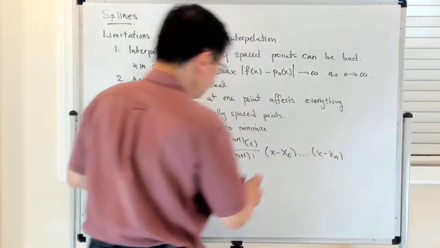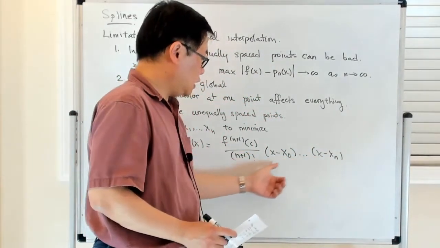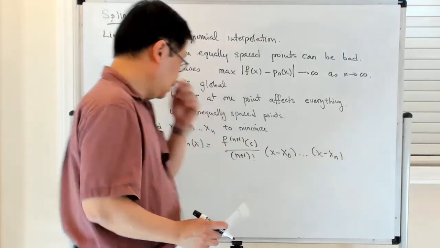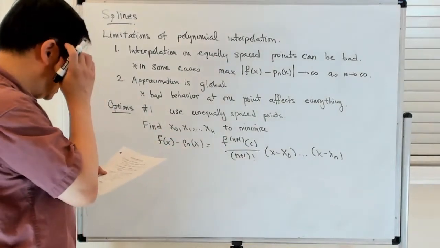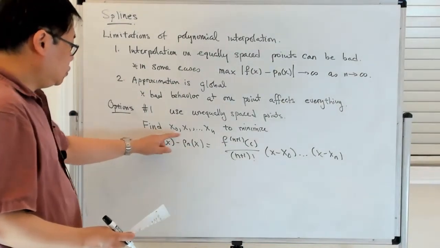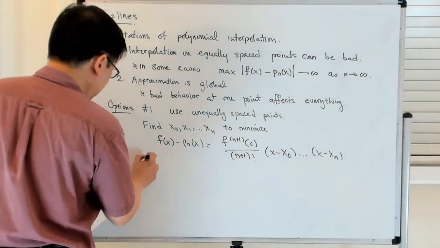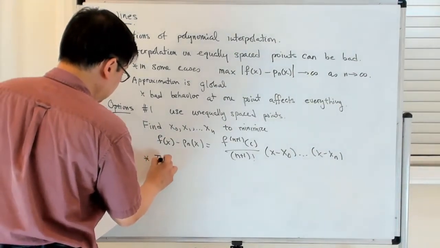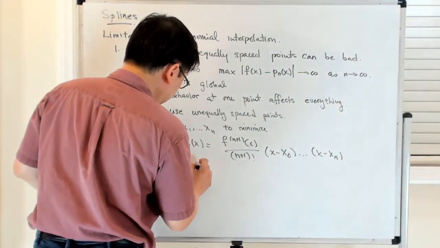So maybe you could imagine trying to measure how this degree n plus 1 polynomial term behaves over some interval, and try to choose x0 to xn to minimize that error. So this can improve polynomial interpolation.